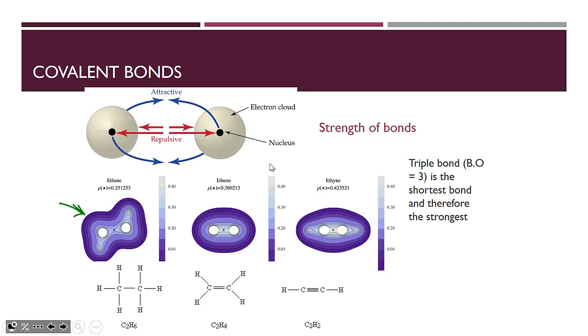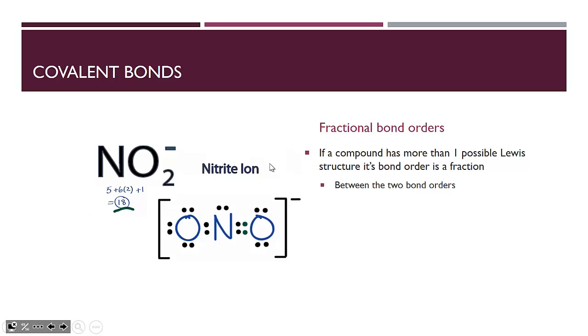Bond order can also reveal if there's not a clear double, single, or triple bond, such as the case for nitrite. If you draw the Lewis structure for nitrite, you end up with this. If you look at the bond order here, there are 1, 2, 3 bonds with just 2 groups bound. This is a bond order of 1.5.